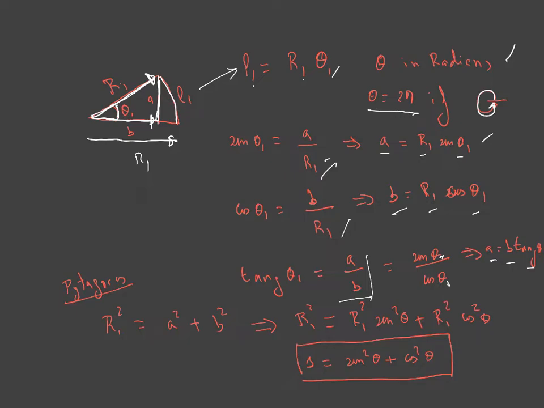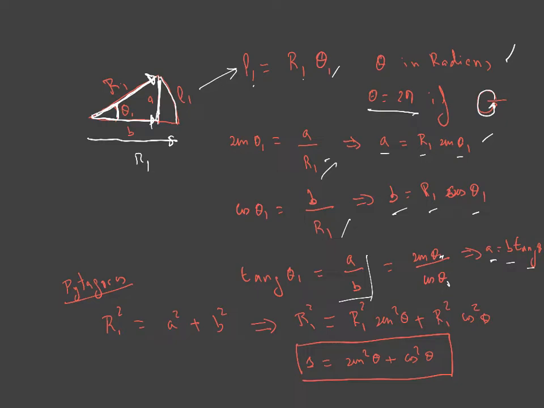This is what you have to know, because we will use it a lot in solving problems, and if you don't have the correct idea, it will be difficult. So I repeat again: the sine of theta is the opposite length divided by the hypotenuse, the radius R1.